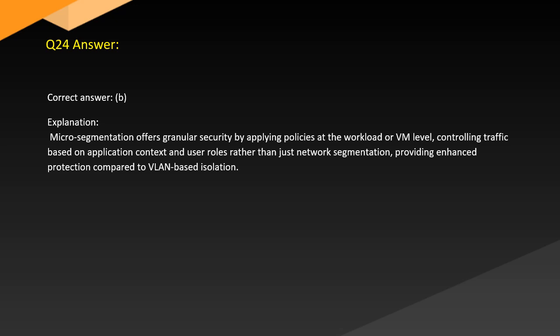Answer. Correct answer: B. Explanation. Micro-segmentation offers granular security by applying policies at the workload or VM level, controlling traffic based on application context and user roles rather than just network segmentation, providing enhanced protection compared to VLAN-based isolation.